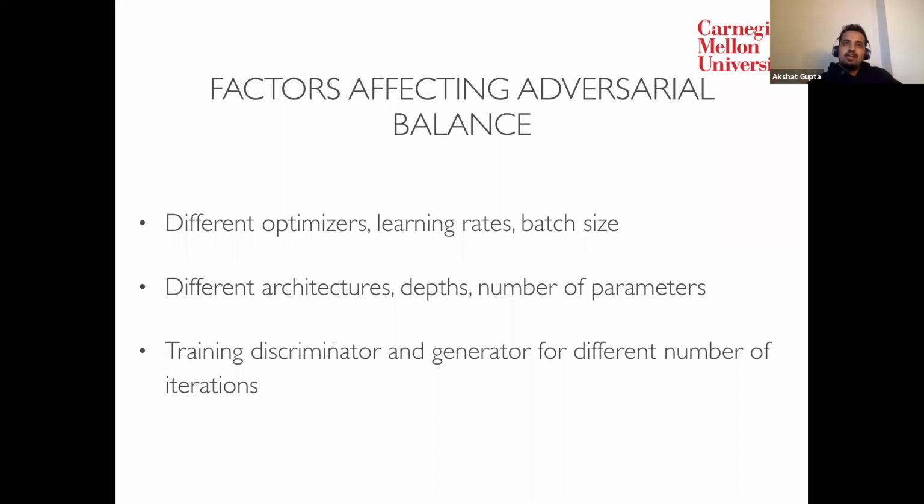Usually we train the discriminator less than the generator. 1:5 is, I think, a common ratio that I've heard of. Train the discriminator for 1 epoch, train the generator for a large amount of time at every iteration.